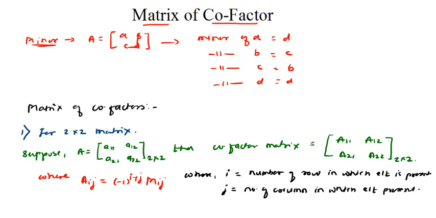For example, for A12, this will be minus 1 raised to 1 plus 2 into M12.